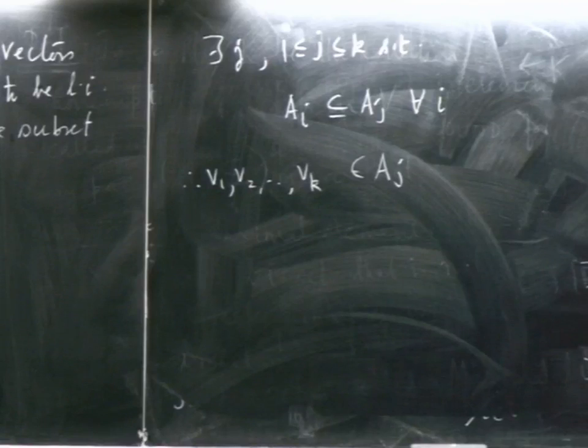Okay. Now, what can we say? Aj is a linearly independent set because it is a part of the chain. The chain is a part of the set K and everybody in K is linearly independent. So Aj is a linearly independent set and therefore any finite subset inside that must be linearly independent.